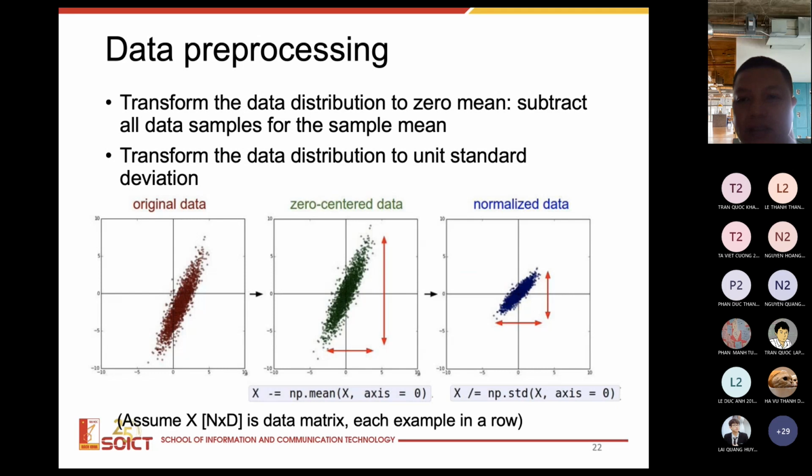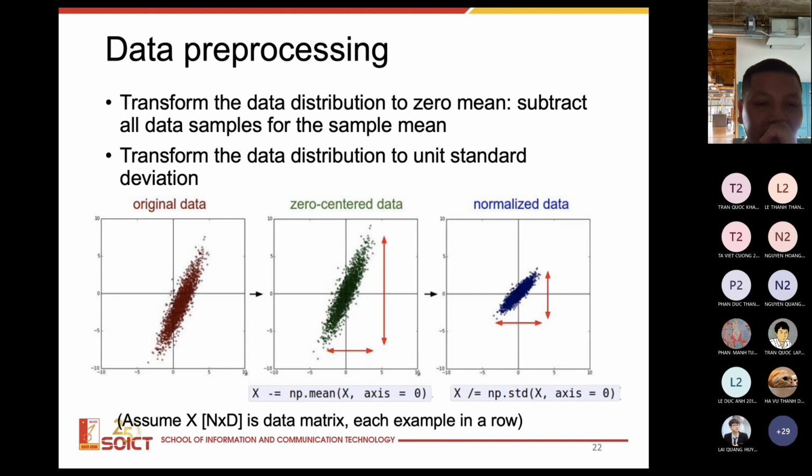Data pre-processing is a process of transforming the data distribution to zero mean. Usually we want zero mean. To get zero mean, we can subtract the sample mean from all the data samples. For example, here's the original data we have.